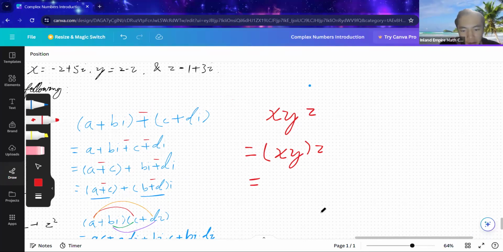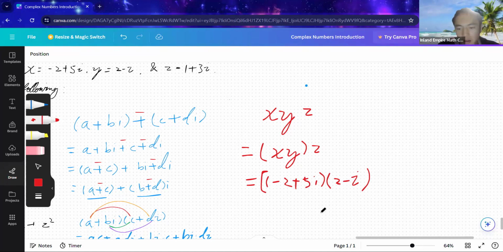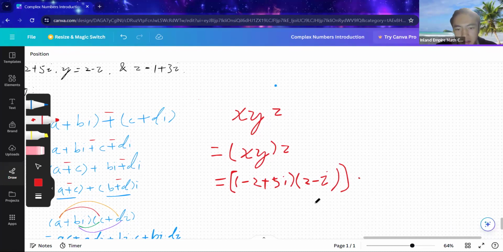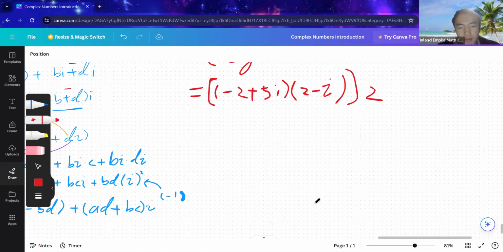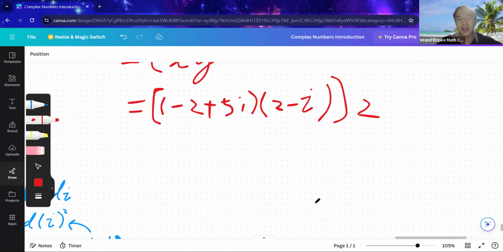So you've got the minus 2 plus 5i, and you've got the 2 minus i, and you have z. I'm going to do these two first, right? I'm going to skip a couple steps just because I want to see if you guys are getting it.